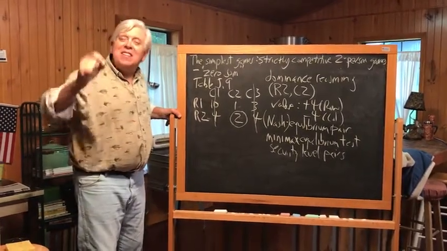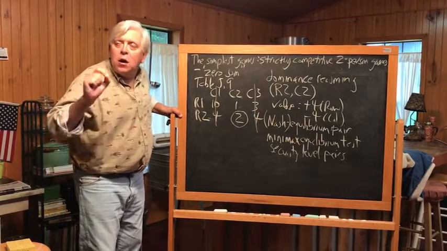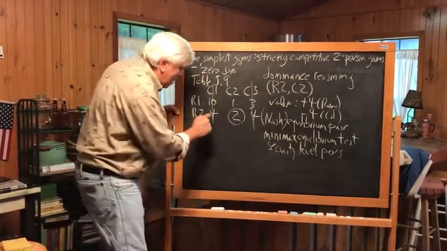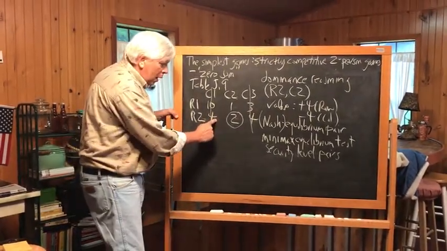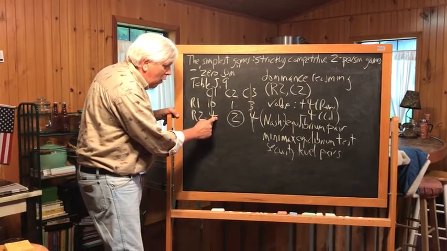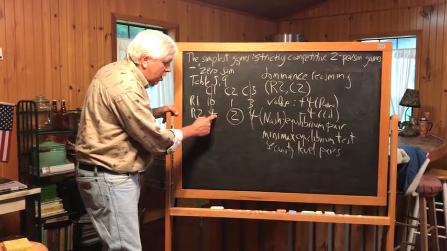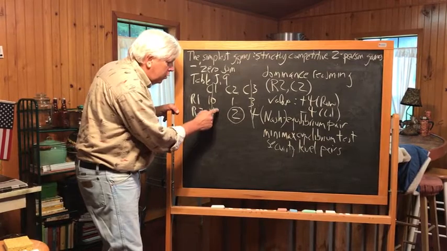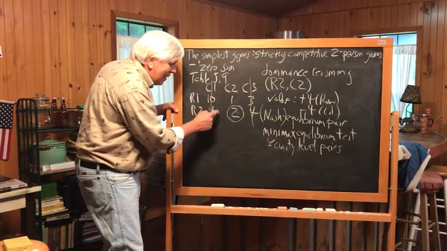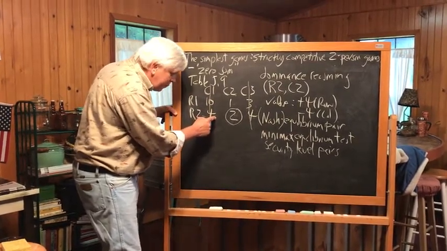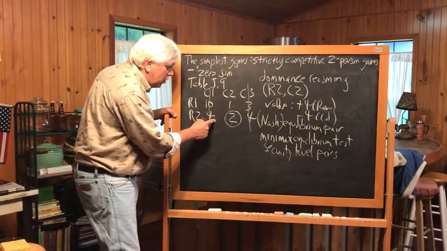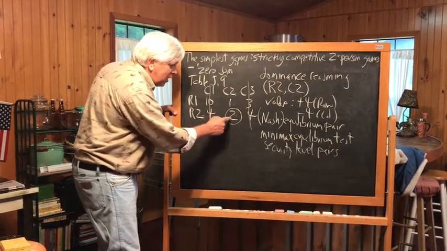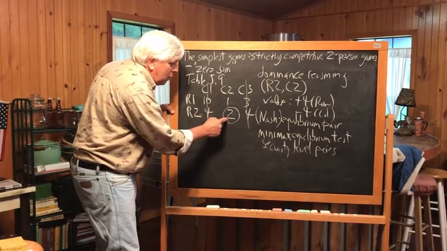And notice that that is not true for any other point on this particular matrix. If they got on this point, Rho would have a perfectly good reason for changing from R2 to R1 to gain 10 instead of gaining 4. And Column would have a perfectly good reason to change from C1 to C2 and go from -4 to -2.